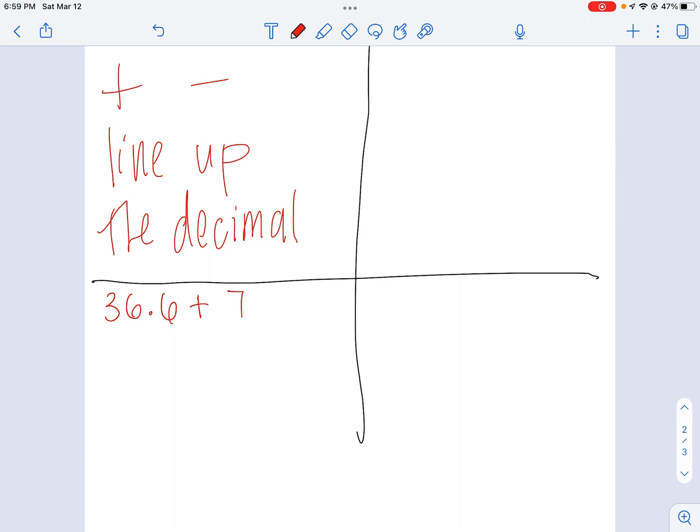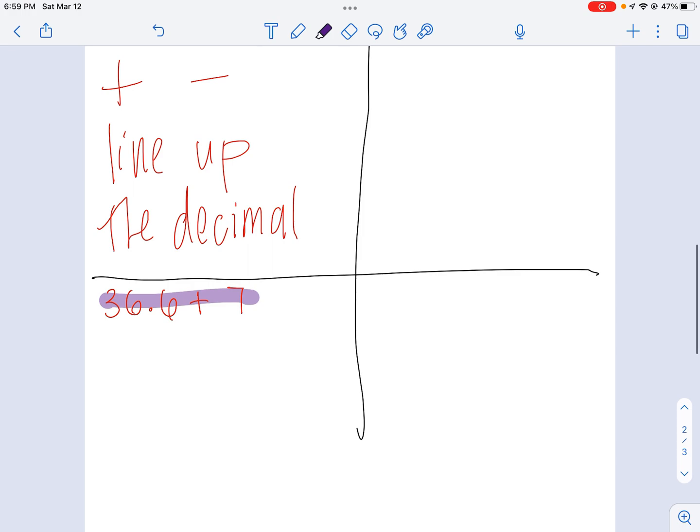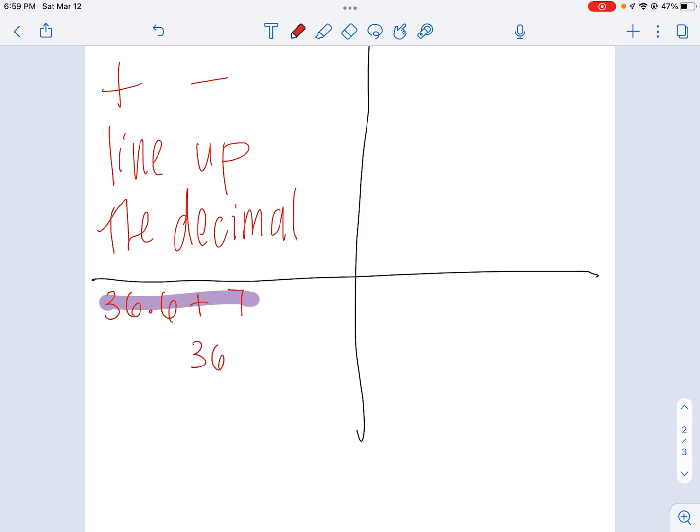I would have to line up the decimals. That means for this problem, I would put 36.6 on top. I know that in 7, the decimal is invisibly behind it. So I line up the decimals this way, and then I can add them together.